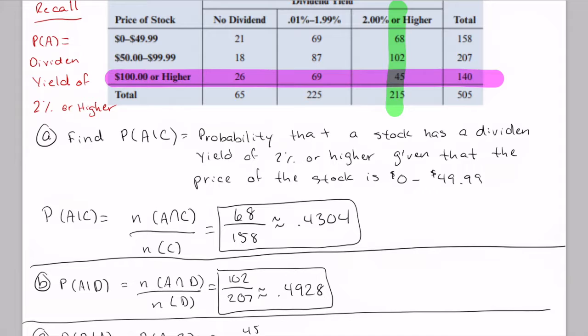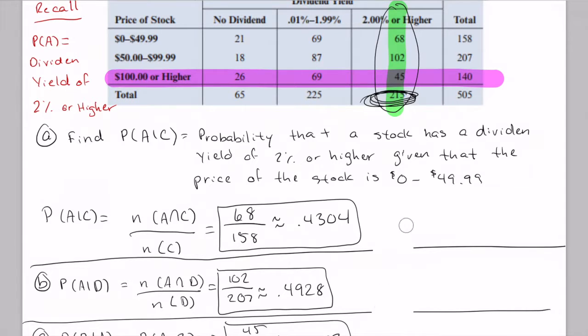So we have 45 out of 215. Because we have B, so this time we're going down. That's why we're using this, which is different from what we were doing before. And that is approximately 0.2093.